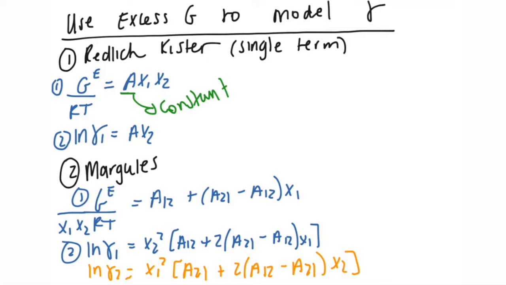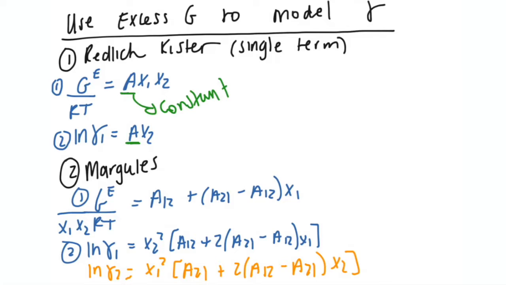Underneath that, I've shown that ln gamma 1 for species 1 is equal to A x2, and these A's are the same A. The A you get for the top is the same A you get for the bottom. This will make more sense when I explain thoroughly in the next few slides how I'm going from excess Gibbs to ln gamma.